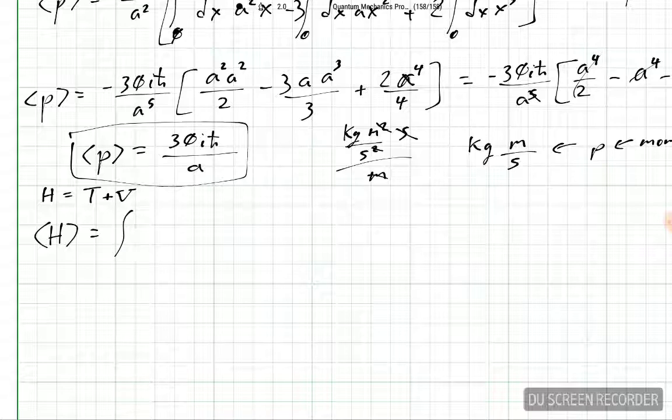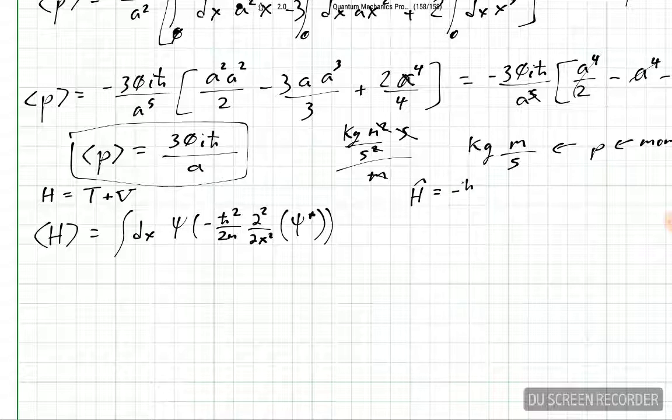So our formula for this, I'll just write out the formula, is psi, and then we have our operator form of the Hamiltonian. So in our operator form, it is negative h bar over 2m del x squared.